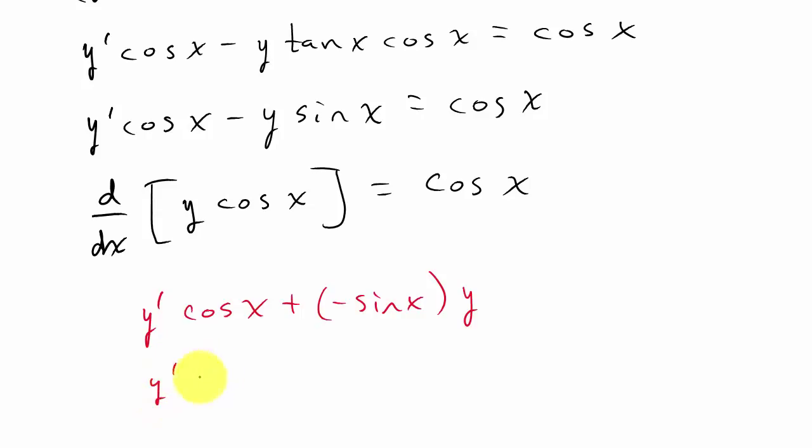And so that would give me y prime cosine x, and then minus y sine x. So you see, when I took the derivative of this, I ended up with this right here. Okay.